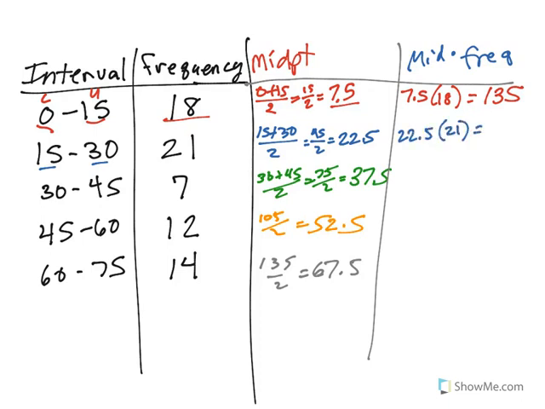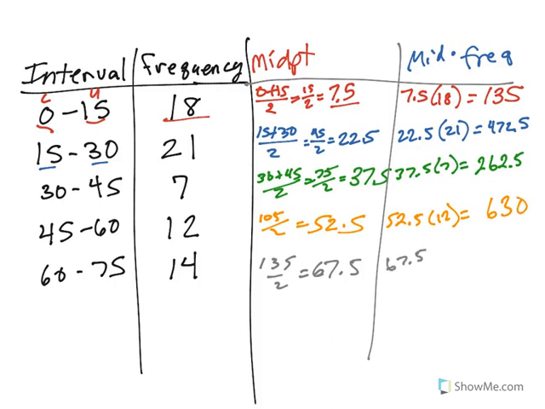So you see the midpoint for that interval multiplied by the frequency for that interval. 37.5 times 7 is 262.5. Then 52.5 times 12 gives me 630. And last but not least, 67.5 times 14 gives me 945.